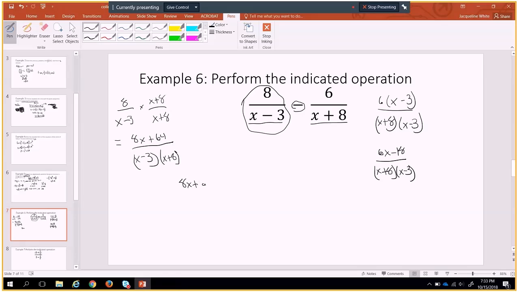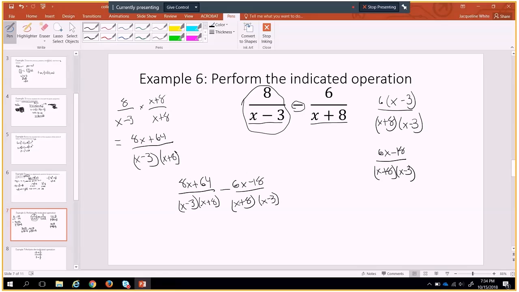Right? And now they have the same denominators, so let's see what it's going to look like. 8x plus 64 over x minus 3 times x plus 8, minus 6x minus 18 over x plus 8 times x minus 3. And since they have the same denominator, what can we do? We can combine them and actually perform the indicated operation, right?